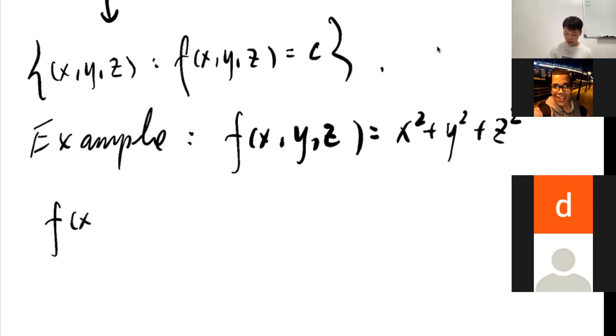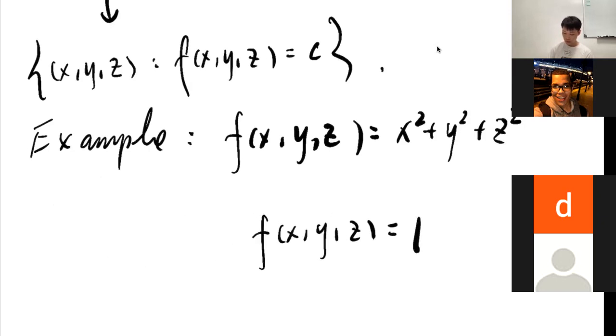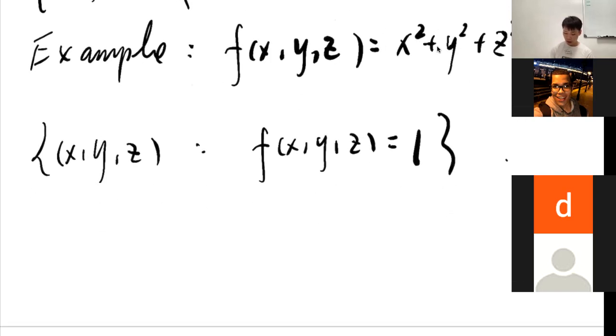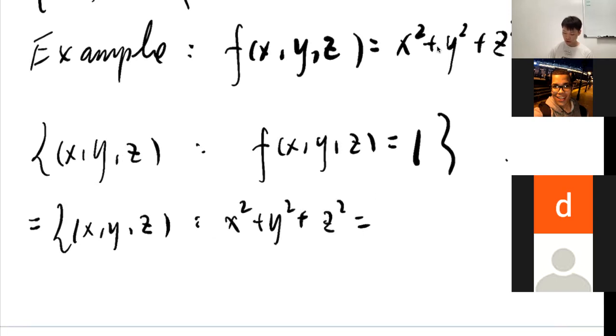So the level surface for f equals, let's say, 1, is the same as looking at the points such that x squared plus y squared plus z squared equals 1.